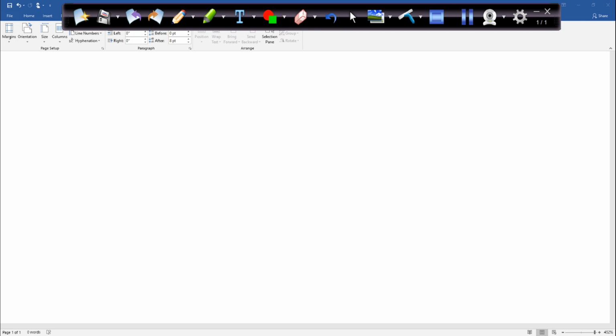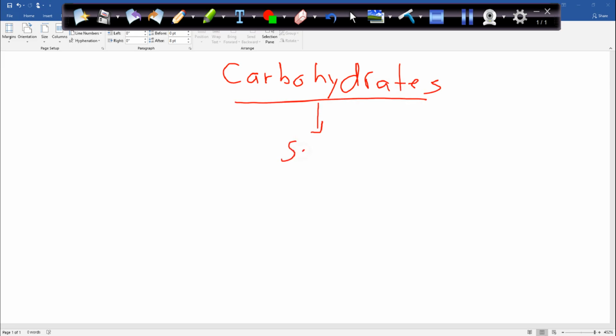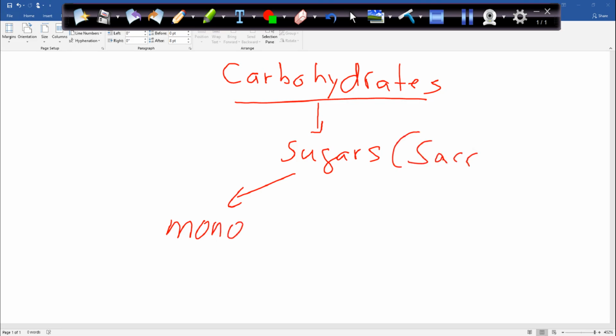Today's experiment is about the carbohydrate lab. Carbohydrates are sugars, correct? And these are monosaccharides, or just saccharides, correct?